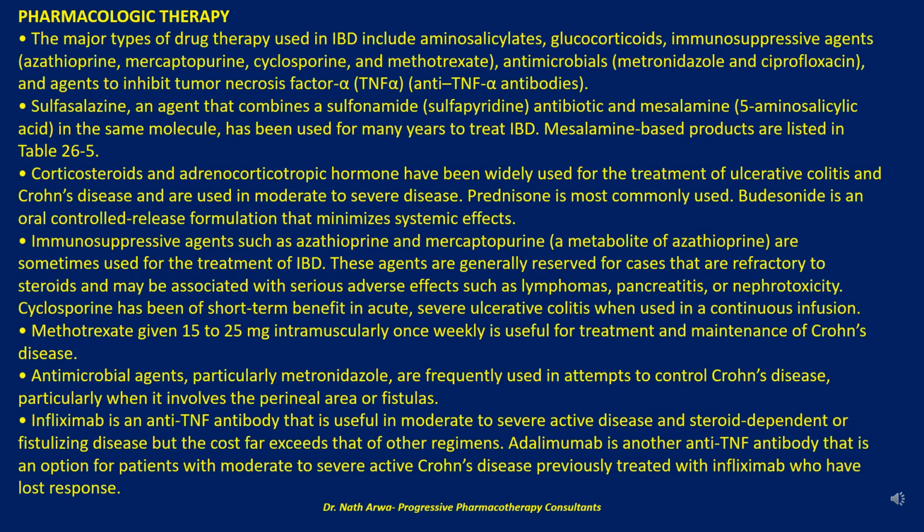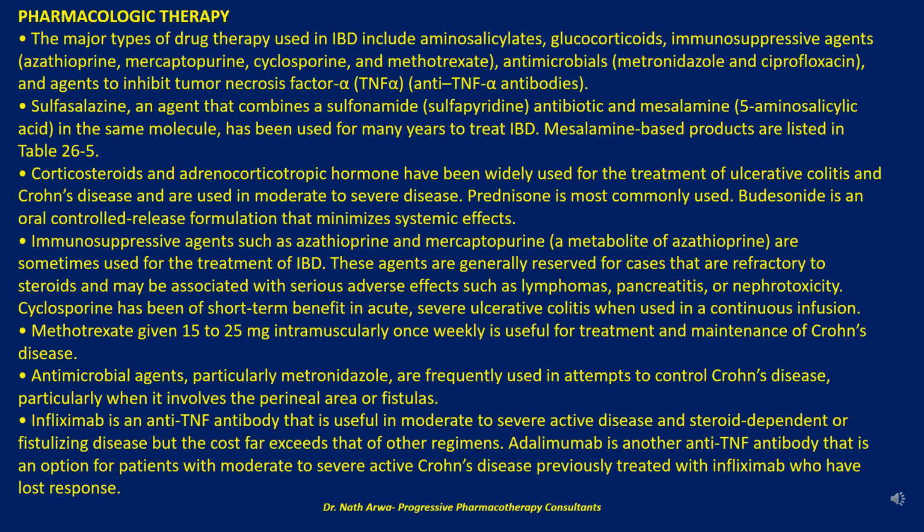Next we will discuss the pharmacologic therapy of inflammatory bowel disease. 1. The major types of drug therapy used in inflammatory bowel disease include aminosalicylates, glucocorticoids, immunosuppressive agents, such as azathioprine, mercaptopurine, cyclosporine, and methotrexate, antimicrobials, such as metronidazole and ciprofloxacin, and agents to inhibit tumor necrosis factor alpha, TNF-alpha, anti-TNF-alpha antibodies. 2.